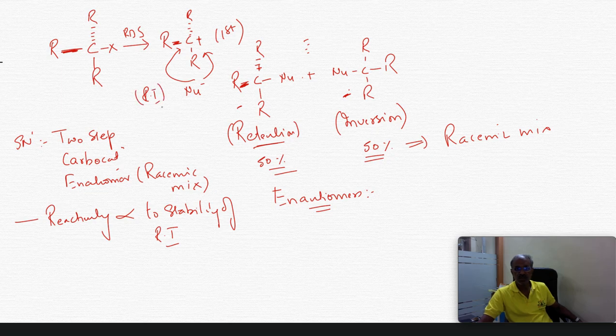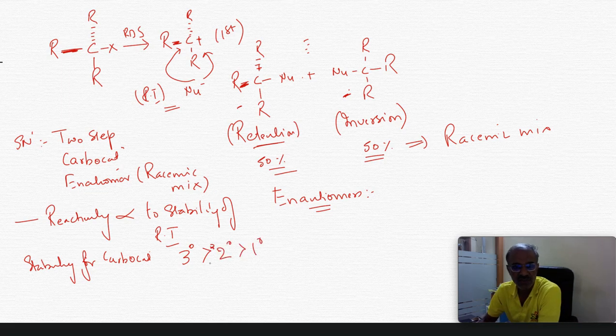The more stable the carbocation, the more is the reactivity. Now, we know the stability order for carbocations. We can say tertiary is more stable than secondary, which is more stable than primary.